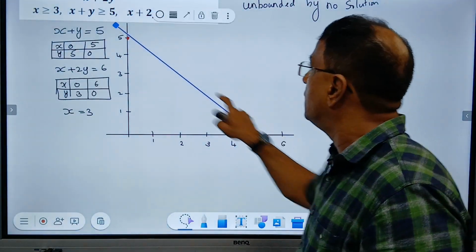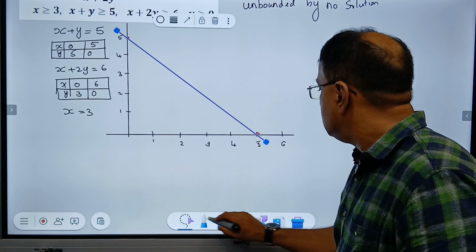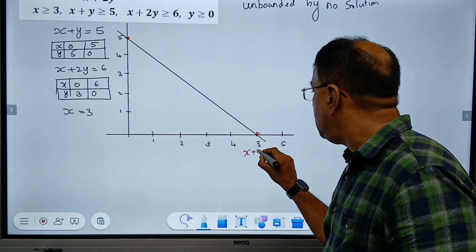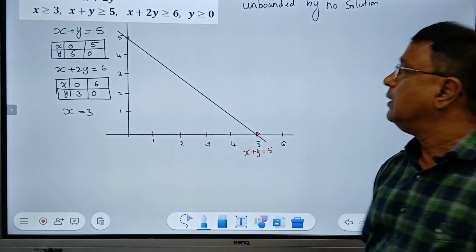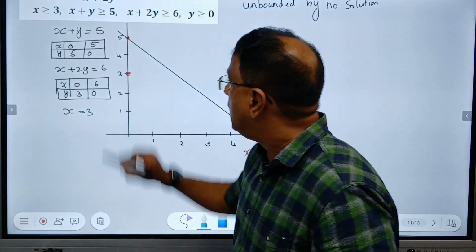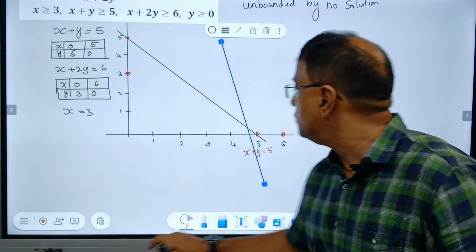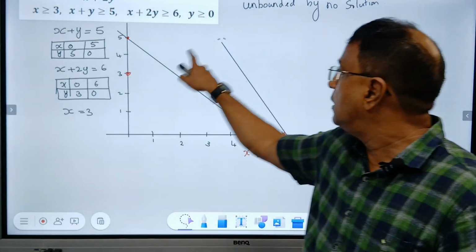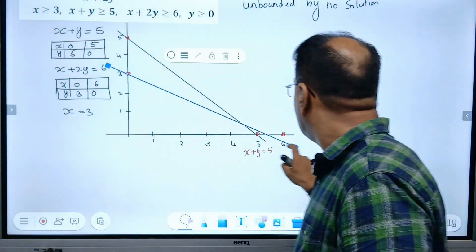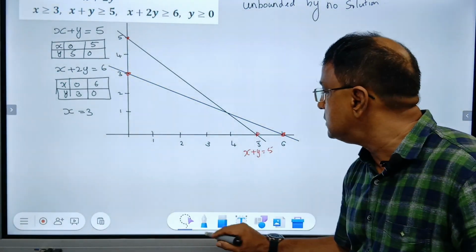What is this line? This is actually x plus y equal to 5. The next one is 0 comma 3 and 6 comma 0. And let me join it. Very nice. Now what is this?